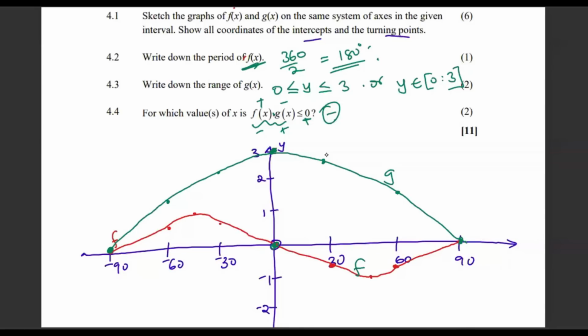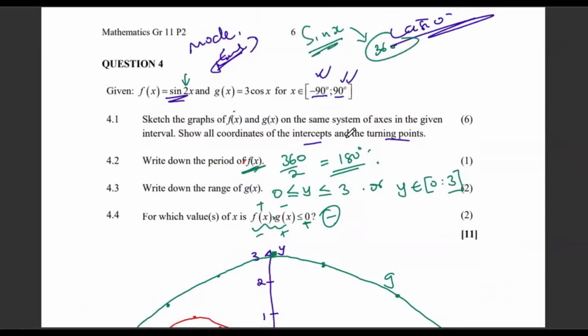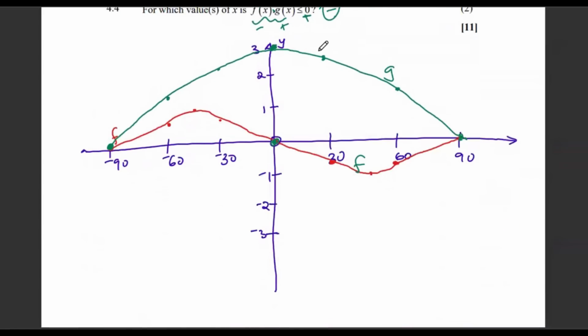What do we do there? Let me just check my graphs again. I think I drew the graph in the wrong direction.